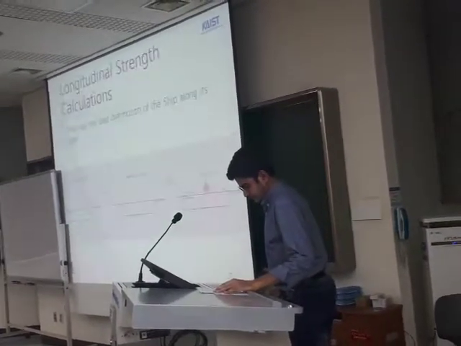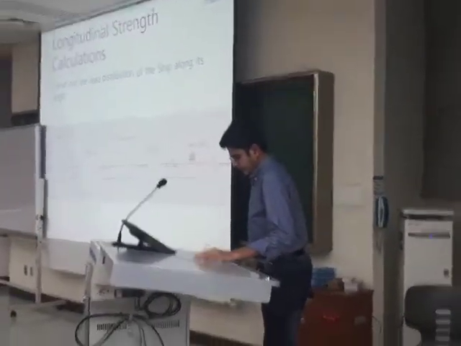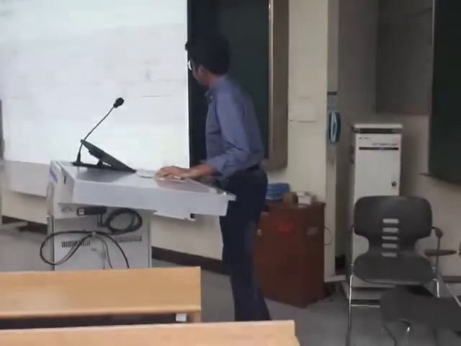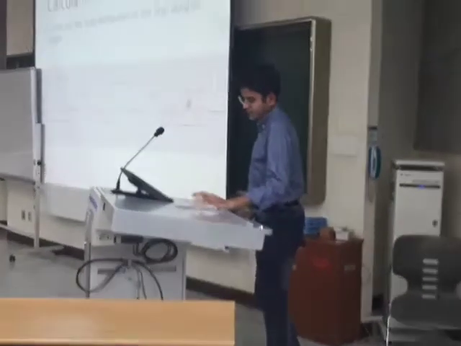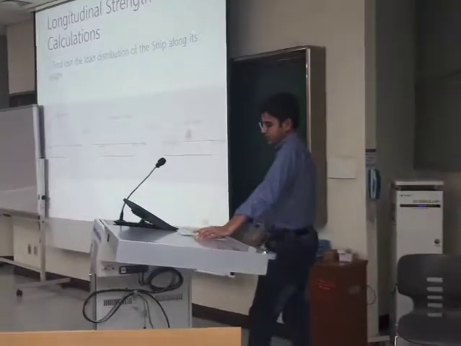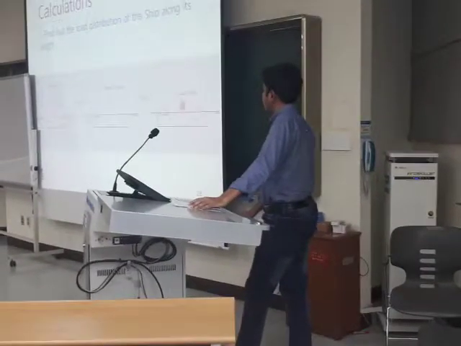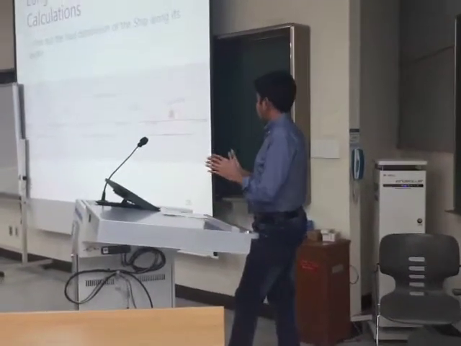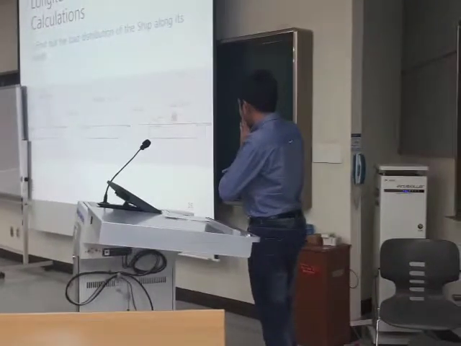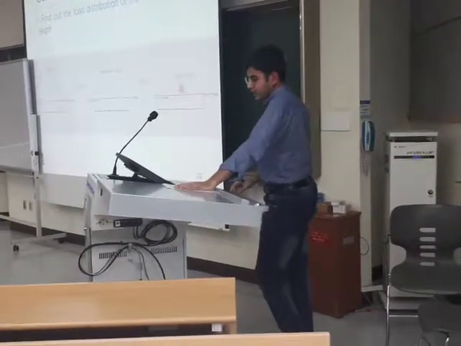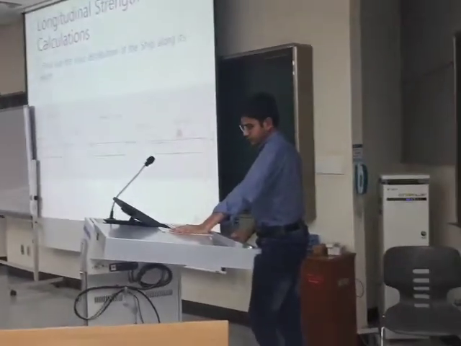So first we calculate the load distribution. On the far left side is the weight curve, which is the sum of the light weight and the dead weight. Then since the buoyant forces are acting in the opposite direction, we combine them and we get the load curve, which is the combination of the weight curve and the buoyancy curve.